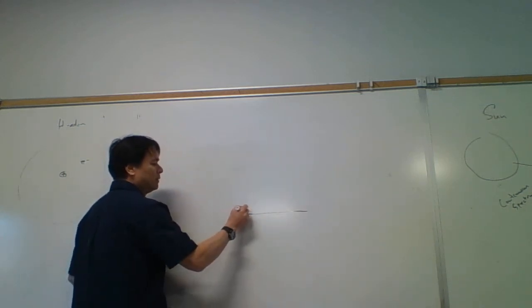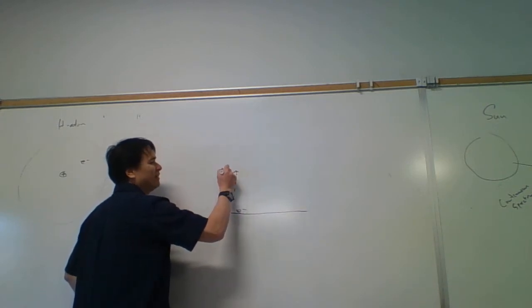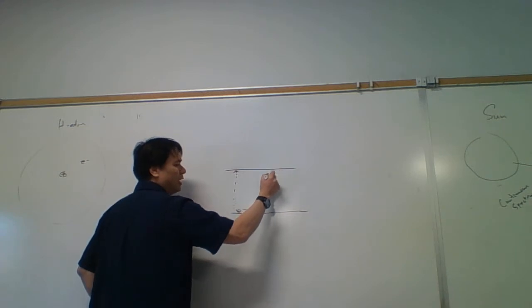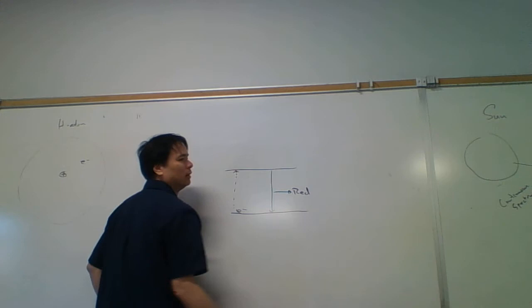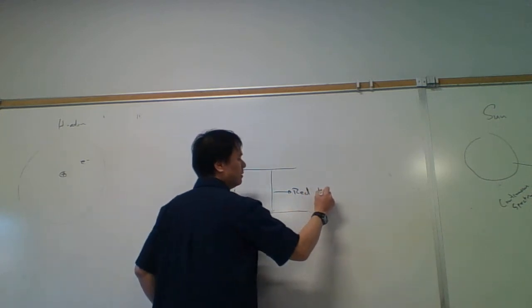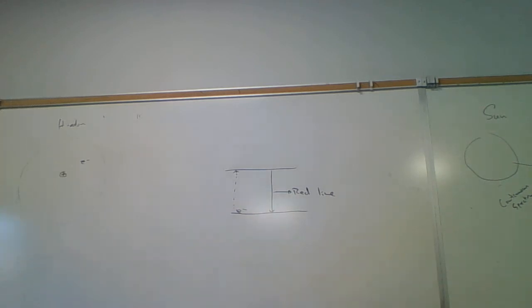And so if I'm an electron here, I can get excited to this level here and drop back down. If I drop back down, then a red line is emitted. And this red line has a very, very specific energy.